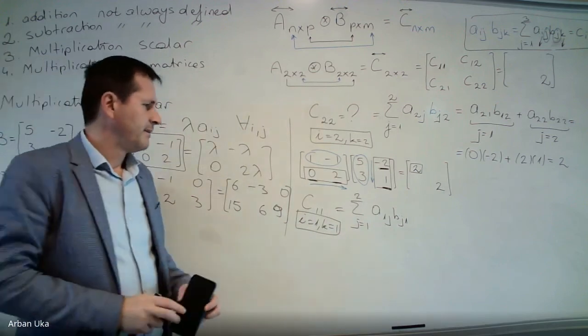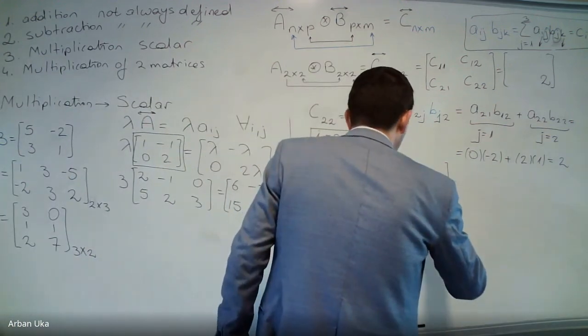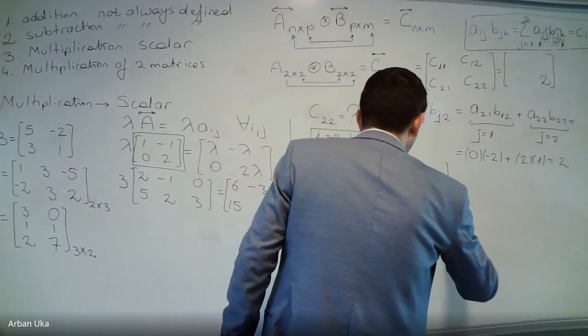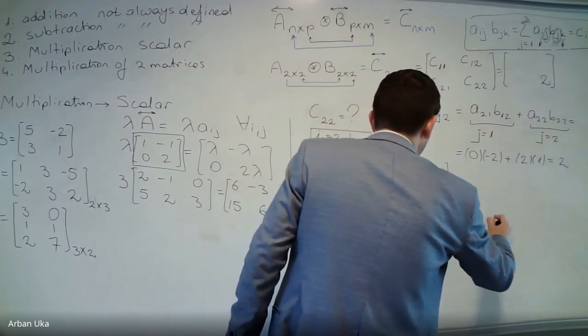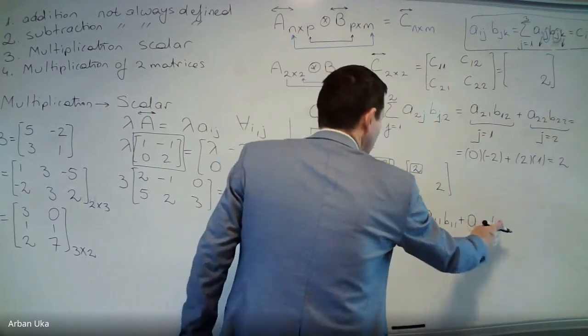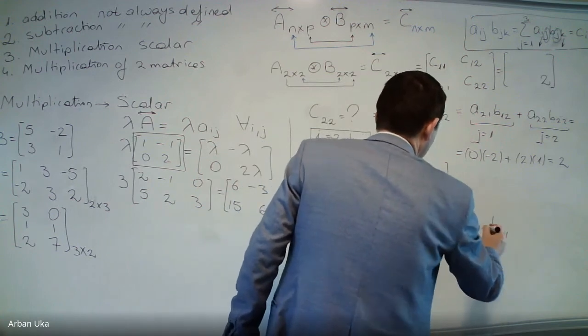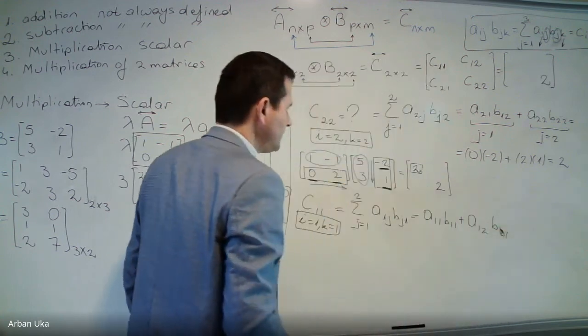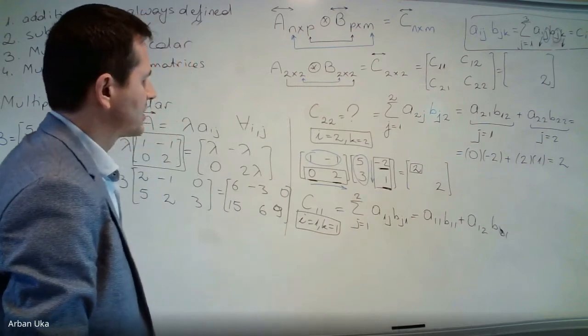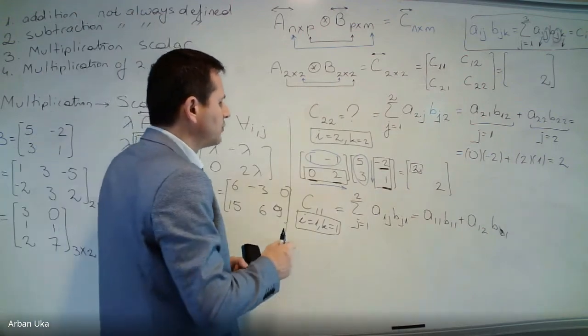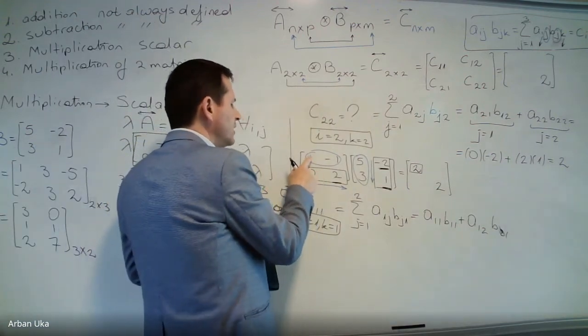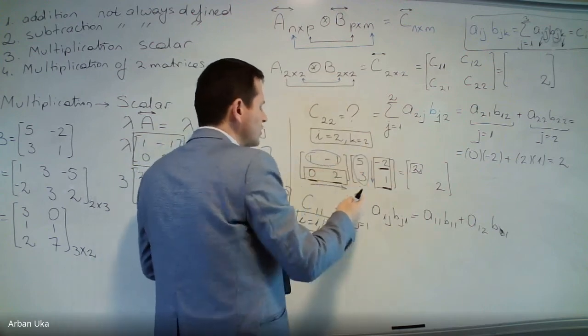Okay? So then this would be something like this: A11 B11 plus A12 B21. Sorry, B21 is here. This is 2, 2. So in principle, if you look at it like this, it's really the pairwise combination of the elements on this row with the elements in this column.